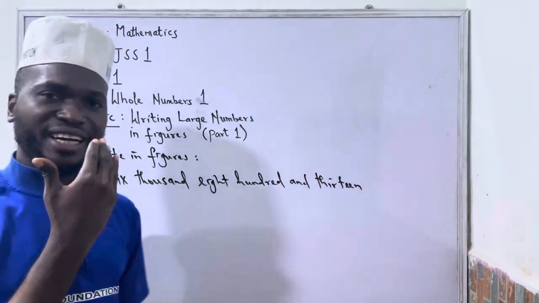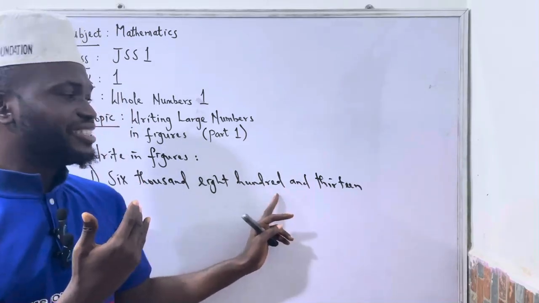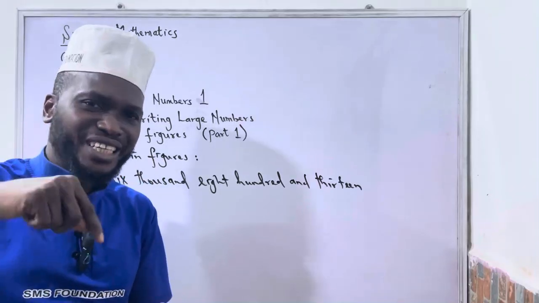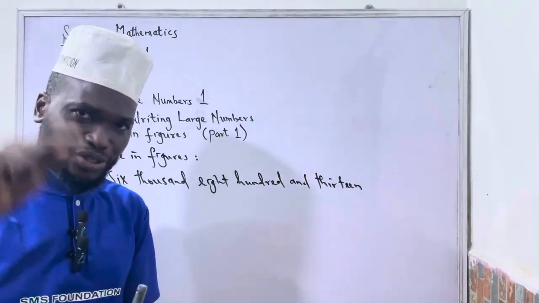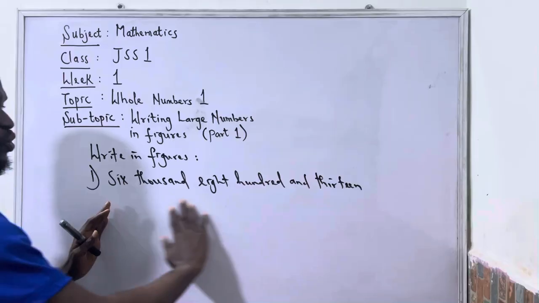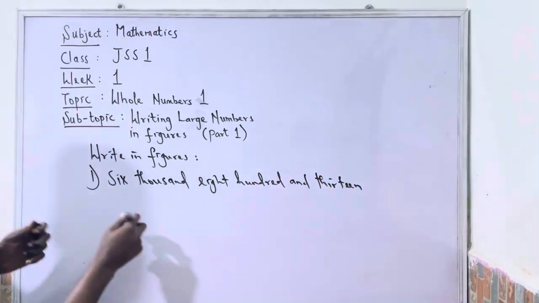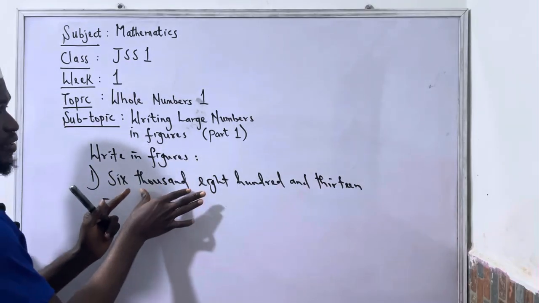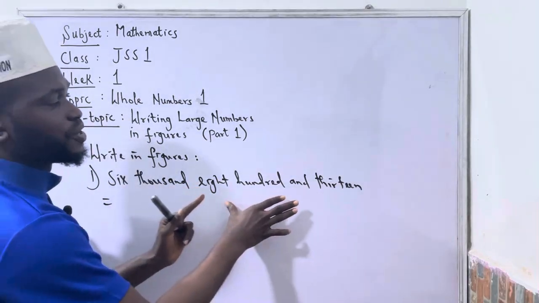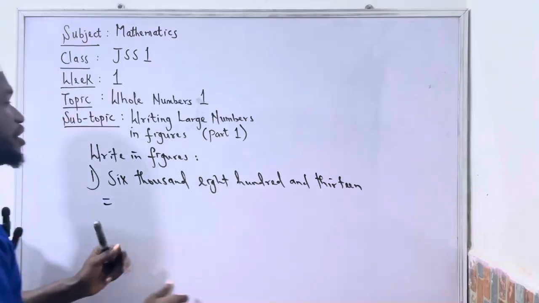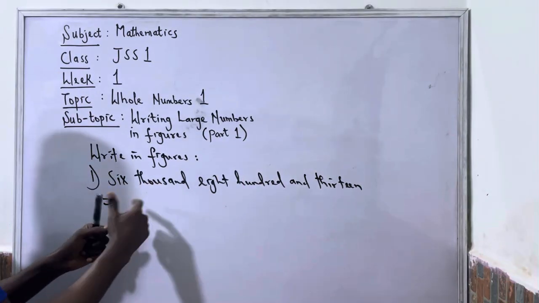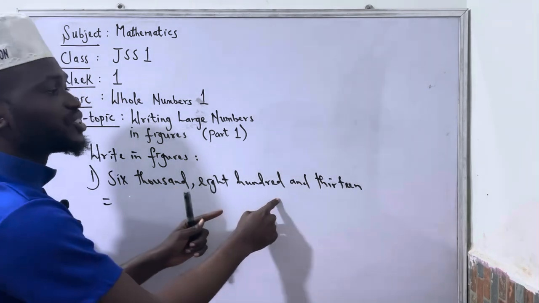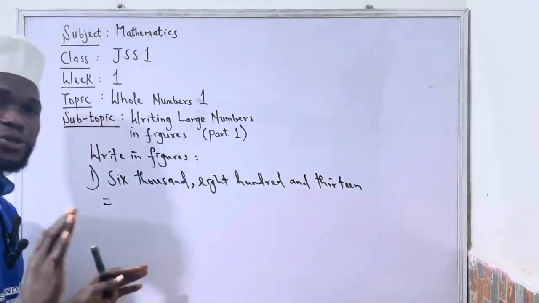Even if physically you can't see in the words that it will have 3 digits, you must generate 3 digits so that it completes 3 digits. But this one can never be a problem. So let's write this. We have two families here: the thousand family and the unit family. This one is 6,000. We should put a comma here. 6,813. This is also not a problem.